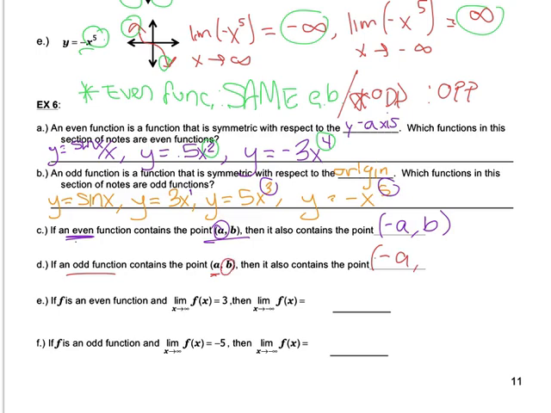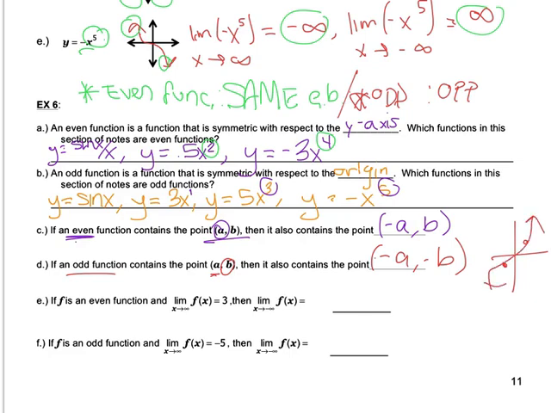I got the negative version of that. So if an odd function has the point (a, b), then it also contains the point (negative a, negative b). Think of that looking at a function: if I had (1, 1), then it would also have (negative 1, negative 1).